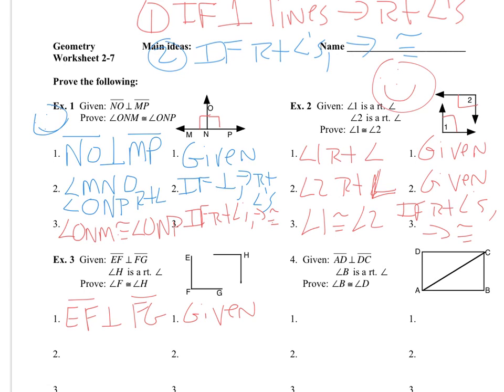And since we have two perpendicular lines, we're going to make a right angle box on each of those, because the next given is angle H, right angle. So I've already put the right angle box on angle H, and I have the right angle box on EFG. So we can go to the next piece of information.